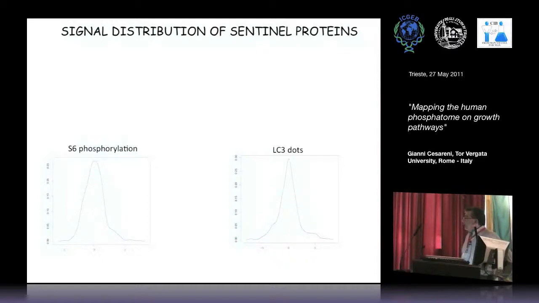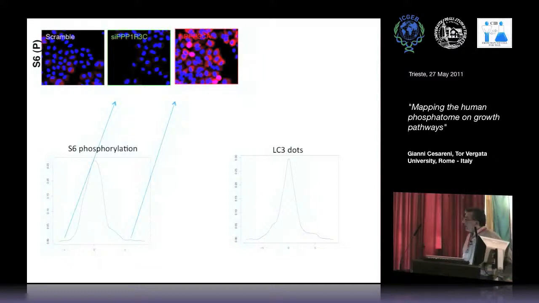Most of these have a value corresponding to the average, and so on for the LC3 dots. But if you go into the tail of this quasi-Gaussian curve, you see that if this is the control in which you see partially some S6 phosphorylation, inhibition of this phosphatase completely eliminates S6 phosphorylation, while inhibition of this other phosphatase increases phosphorylation. So you find in the tail of this curve some signal in your experiment.